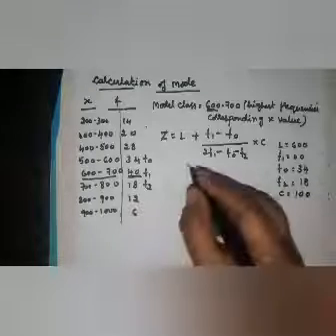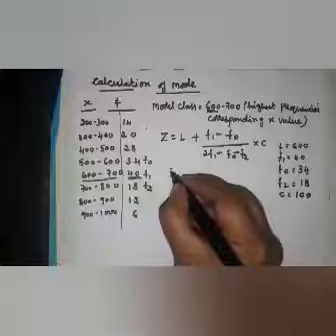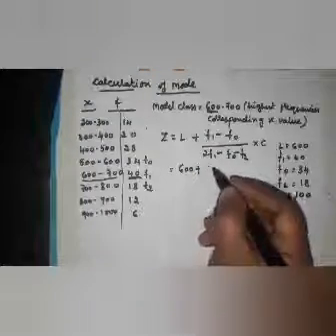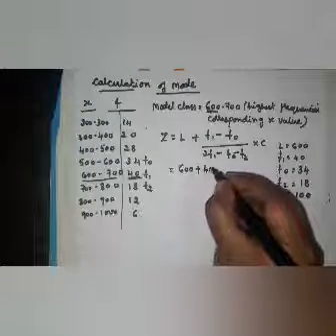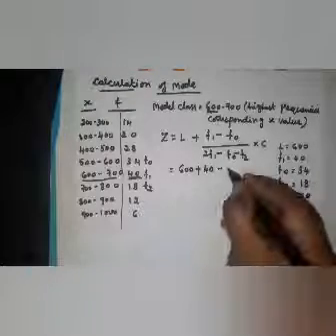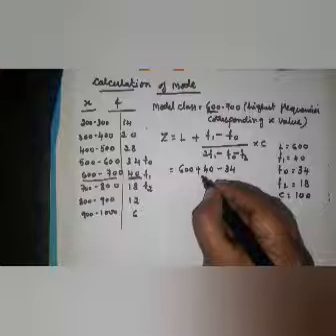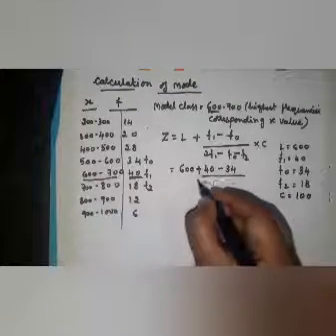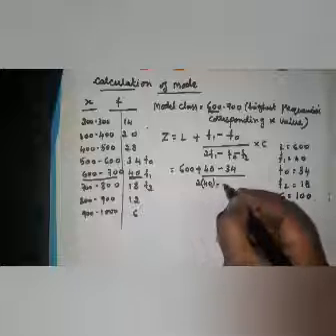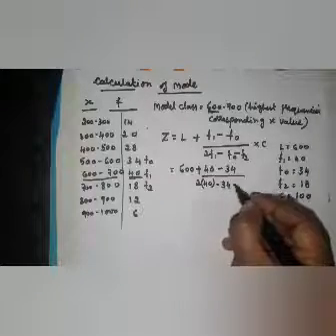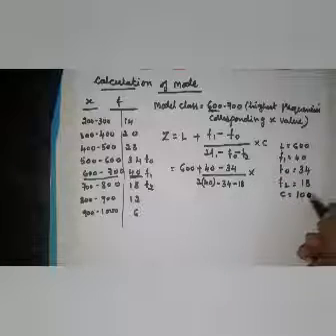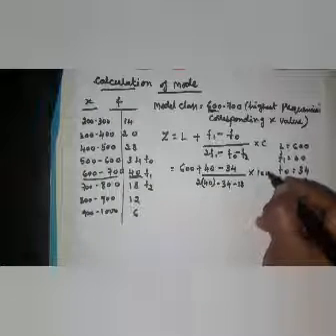So that is equal to L is 600 plus (F1 is 40 minus F0 is 34) divided by (2 into F1 is 40 minus F0 is 34 minus F2 is 18) into class width 100.